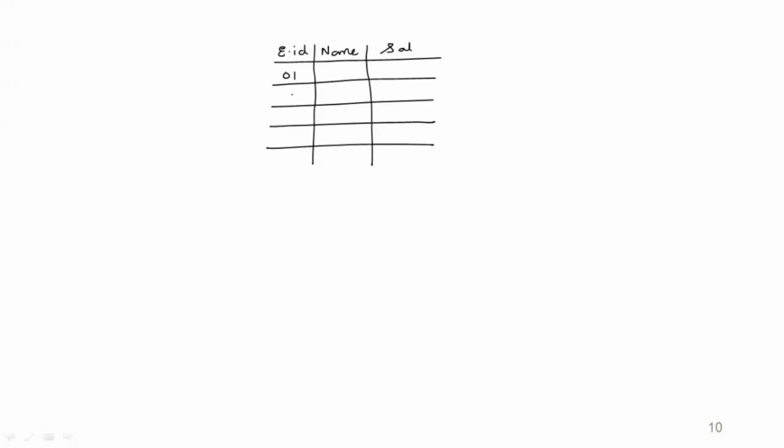Let's say this is my data: employee ID, name, and salary, and I have some records. So let's say this is 01, 02, 03, 04, 05. This is Ajay, Sumit, Sunit, Sunej, Sanjay, and Abhay. Salary is 10, 15, 20, 25, 60.